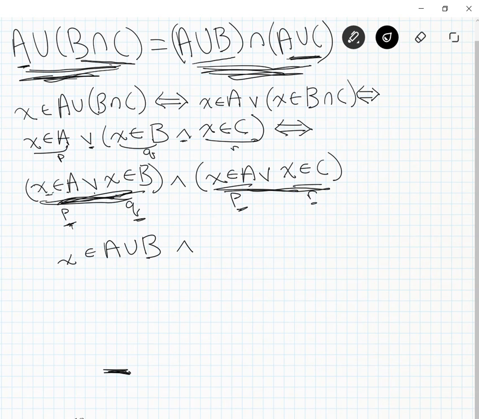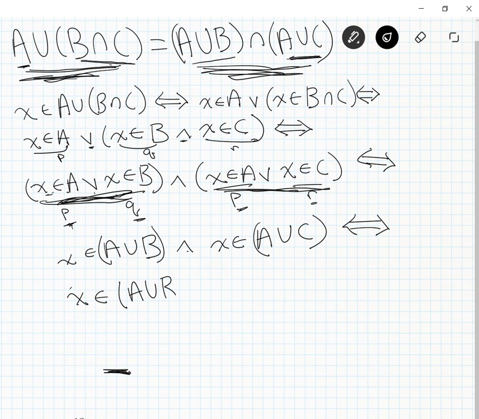This means that X is in A or X is in C. It means X is in the union of A and C. So this is a set, and this is a set, and we have an AND, X is in this, and X is in that, so that means X is in the intersection of those two.